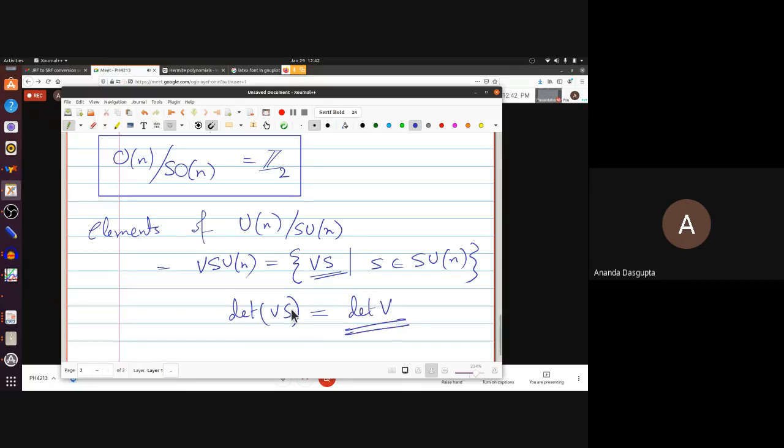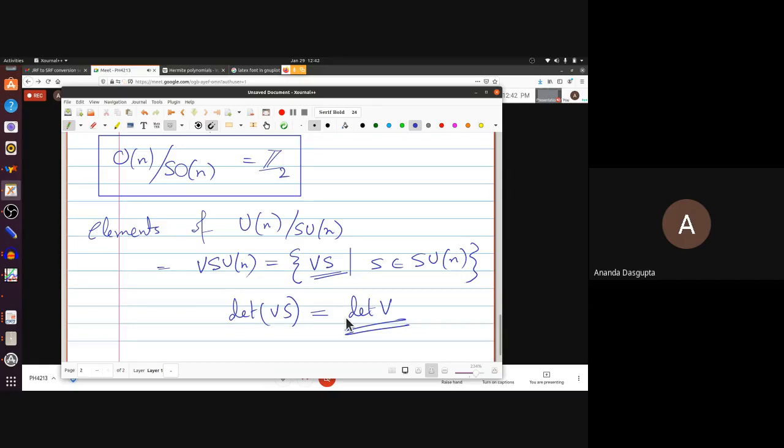Because S belonging to SUN means determinant of S is 1, every element of this coset has the same determinant as V. In fact, the converse is also true. If a matrix has the same determinant as V, it has to be in this coset.